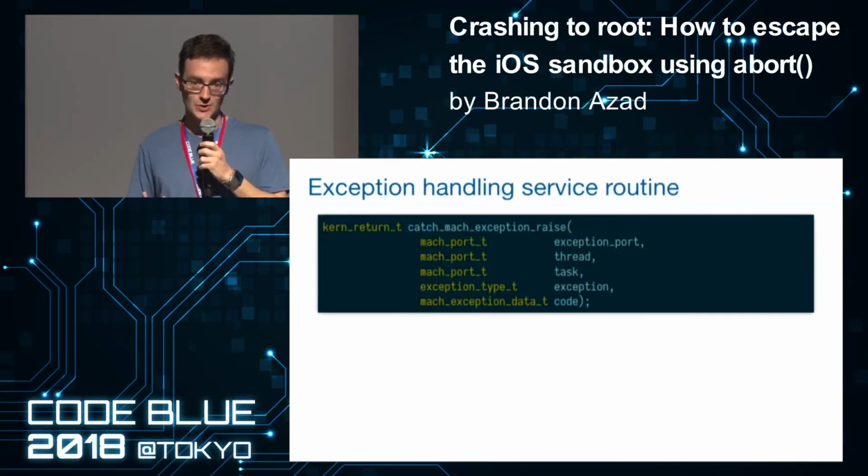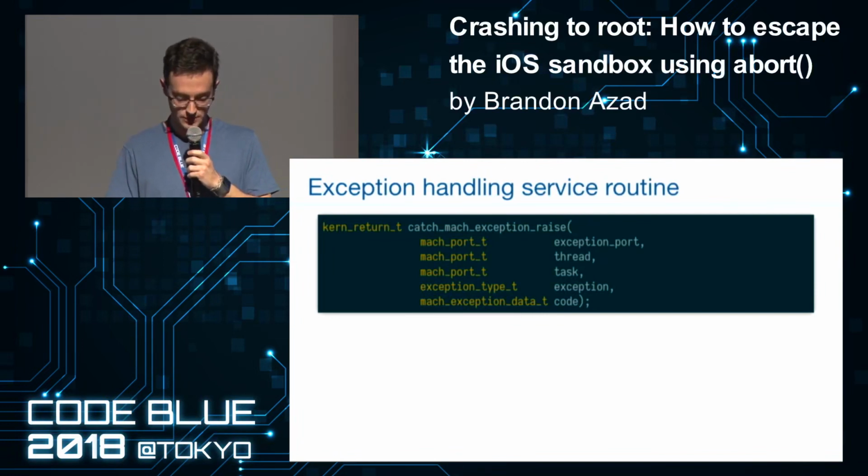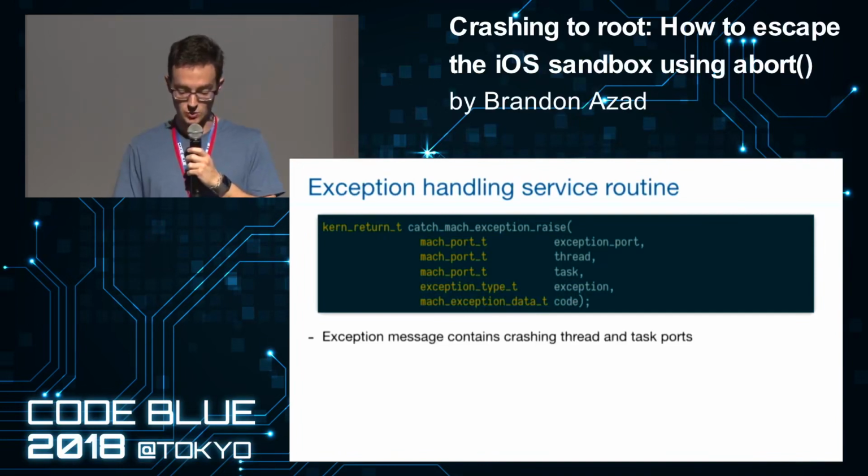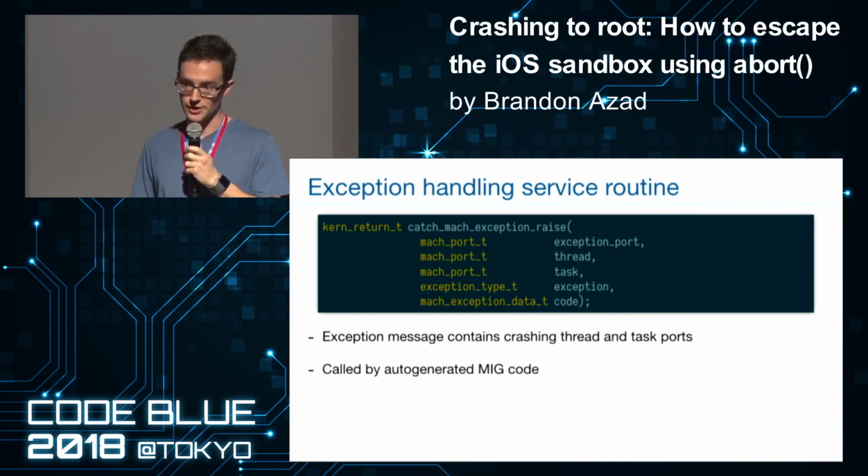So how do you actually go about catching a mach exception? You need to implement an exception handling service routine, which has this prototype. The exception message will contain the thread and task ports of the crashing thread, as well as other information about the exception. When this message is received, it'll be parsed by auto-generated code, and the contents will be passed to this function as parameters. The code that calls this function is auto-generated by MIG, a tool that generates mach message parsing code.